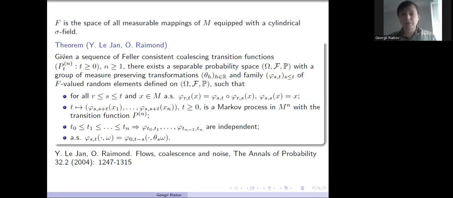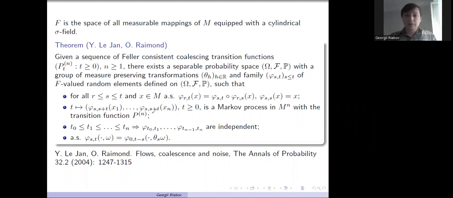So once we have such a sequence of Feller consistent coalescing transition functions, then on some probability space we can construct a family of random measurable mappings.